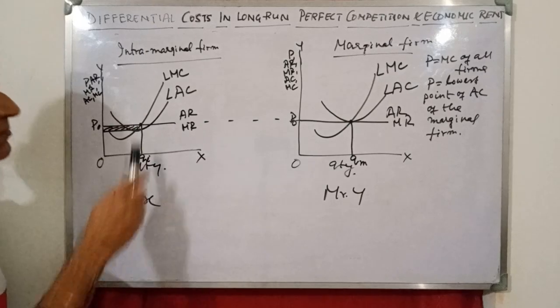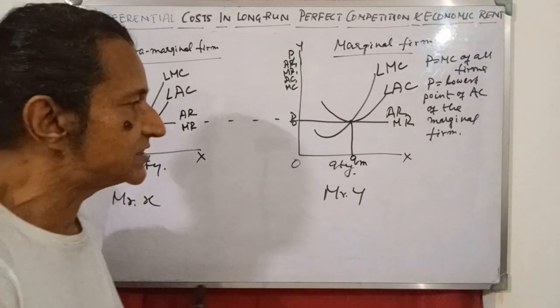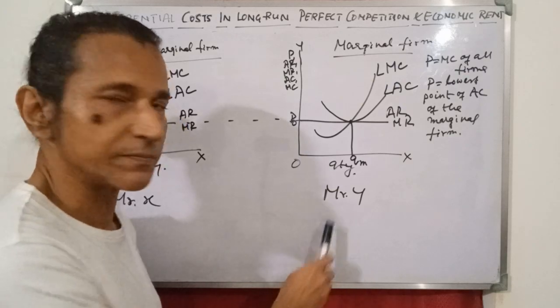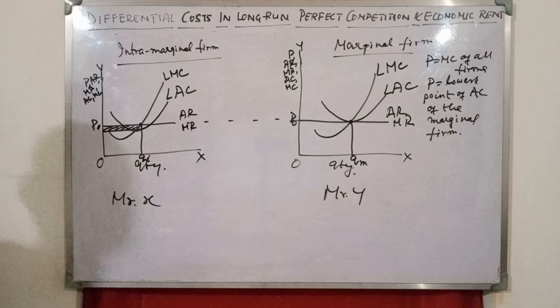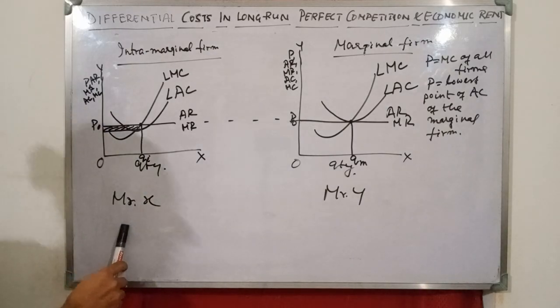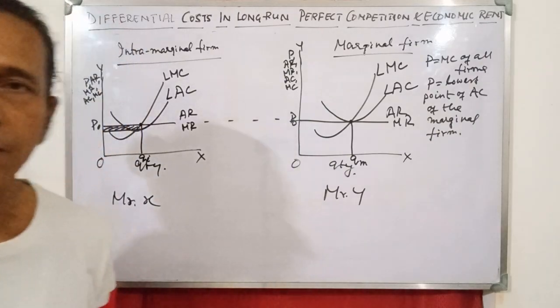Now, this intramarginal firm is paying Mr. X a salary which is 10,000 more than what Mr. Y is getting from the marginal firm. But Mr. X's expectation is to get a salary which is 20,000 higher than Mr. Y's salary.